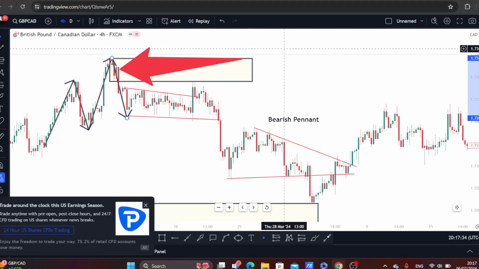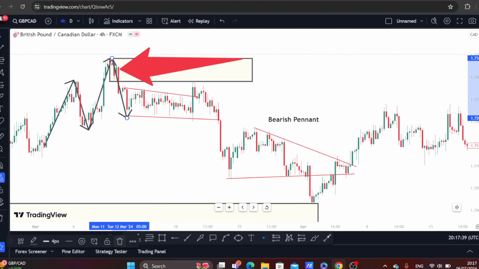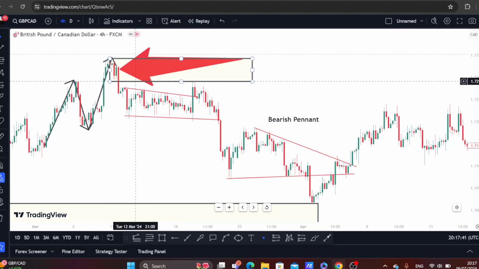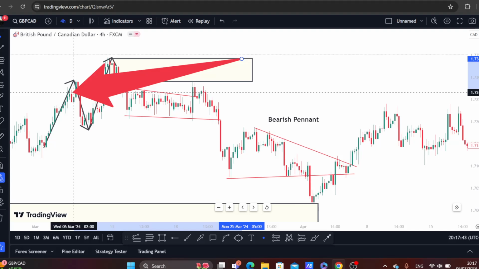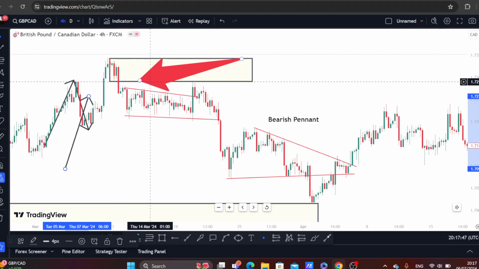So again, this is how I trade. I look out for patterns like this. When I see this left shoulder created, I know that it is a possibility that that's what the bank is doing.